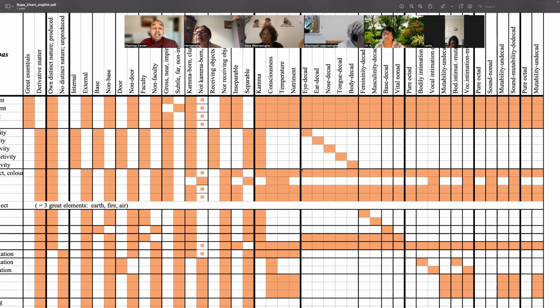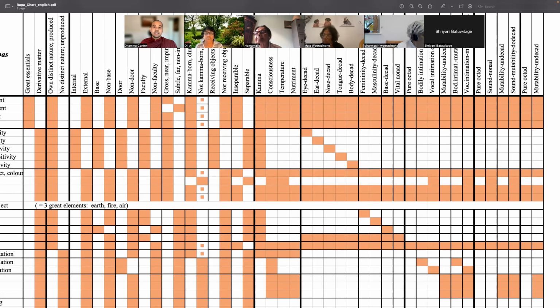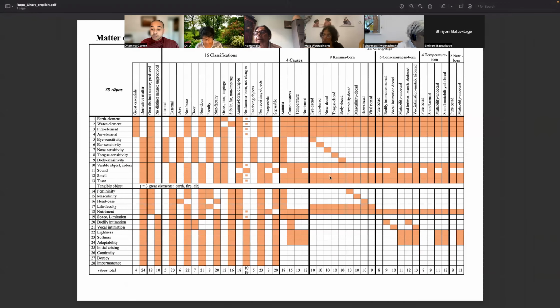This is karma, purely karma, everyone. Right? So here you find again, karma, oja or nutrition can arise because of karma, because of consciousness, because of temperature, and because of nutriment itself.